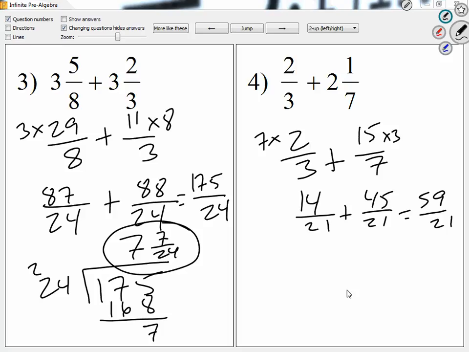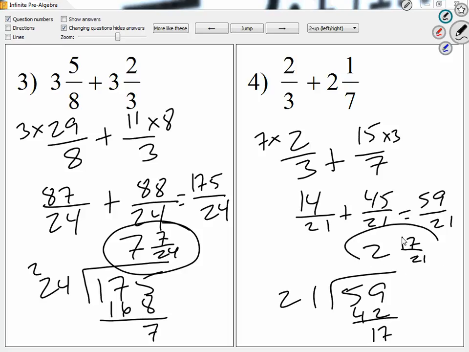Bigger number on top, so we do have to divide. How many times does 21 go into 59? 2 times. We get 42. When we subtract this, what do we get? 17. So we're going to have 17 over 21.